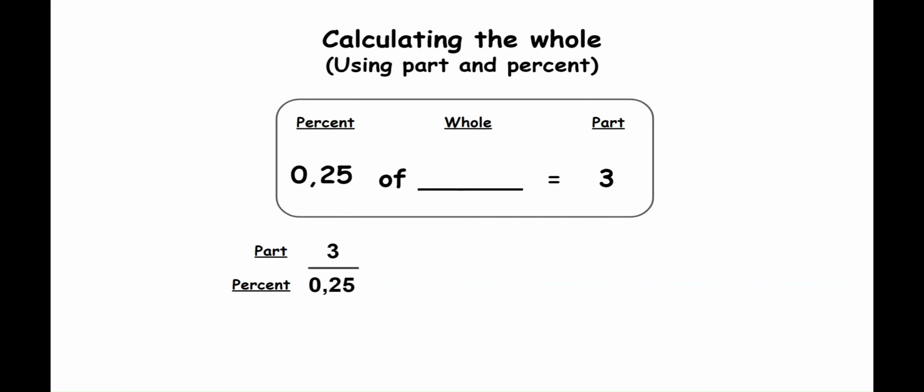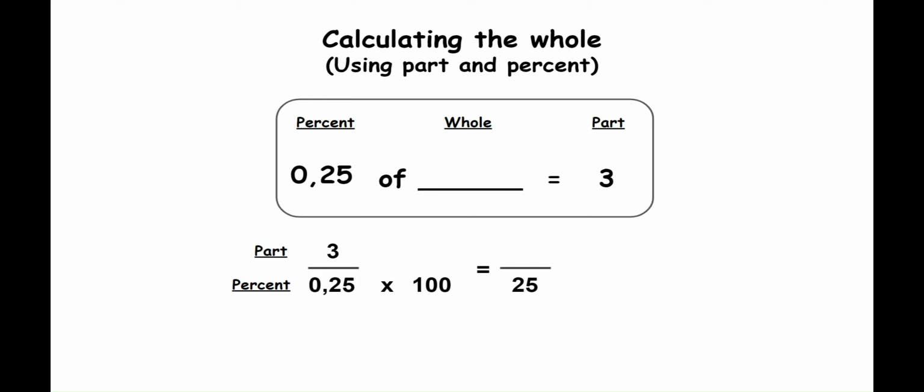But to make our problem easier to solve, we're going to extend our fraction so the denominator 0.25 becomes the whole number 25. Now, by what amount did we need to multiply 0.25 by to equal 25? That's right. We needed to multiply by 100.